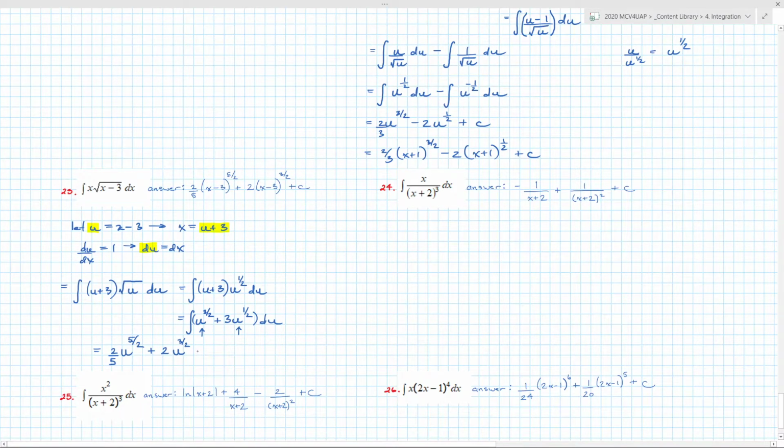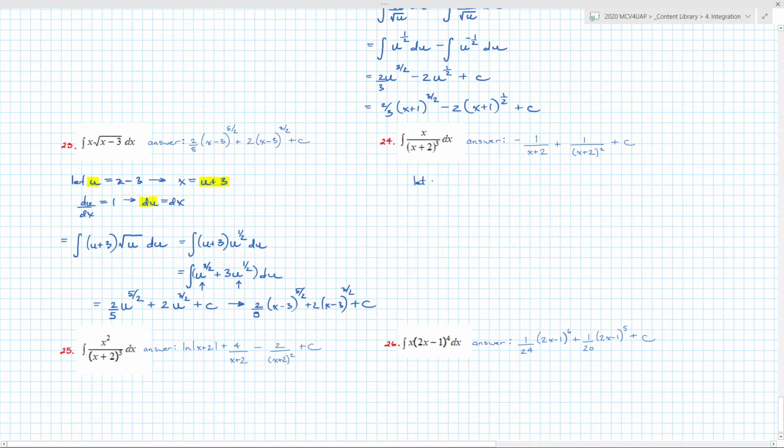I think there's merit in you guys actually going to try this, but I can tell you that 24 is a substitution, and you're going to let u equal x plus 2. Okay, and then just follow what I did in those two examples. For 25, you would also let u equal x plus 2.